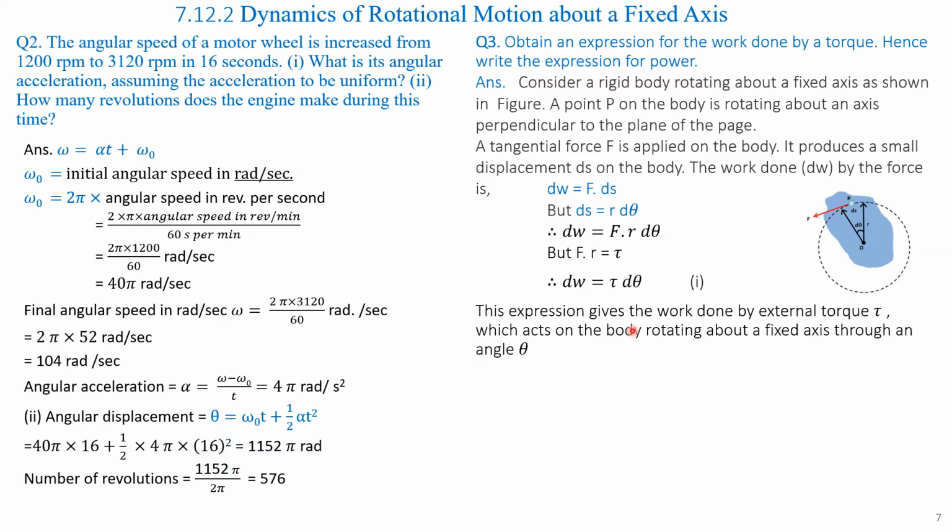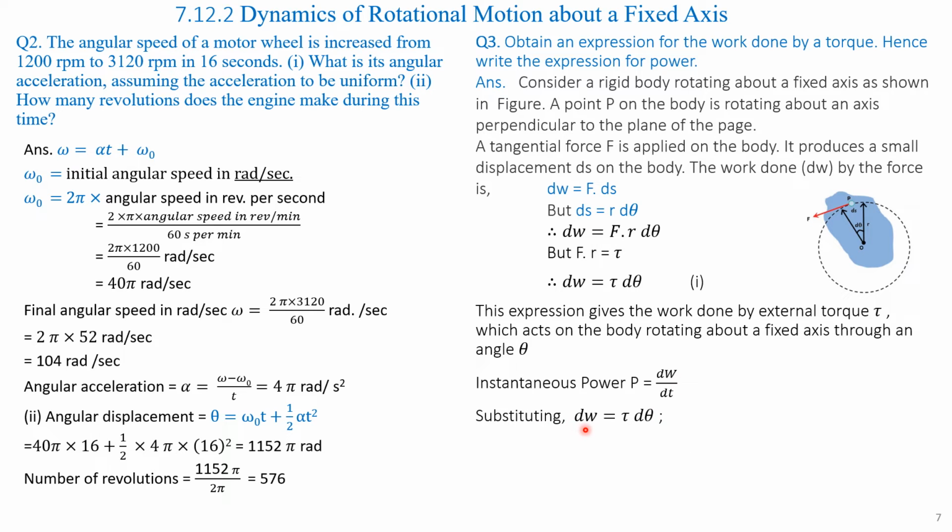This expression gives the work done by the external torque tau, which acts on the body rotating about a fixed axis through an angle theta. Instantaneous power, we will also calculate because it is asked in the question. Instantaneous power P is equal to dW by dt.